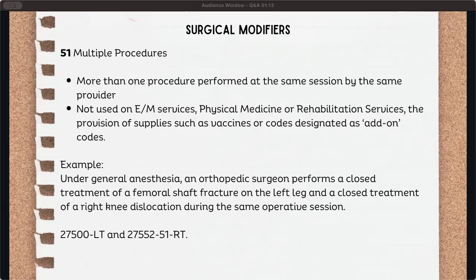So basically what that means is it should only be reported on a surgery code, and anything that is an add-on code is automatically exempt from modifier 51, because we know that if we have an add-on code, it is going to be an additional procedure in addition to another procedure, right? So it would be redundant to add a modifier 51 onto an add-on code. So it's inappropriate to report that 51 modifier on an add-on code. Okay, so that's important to remember.